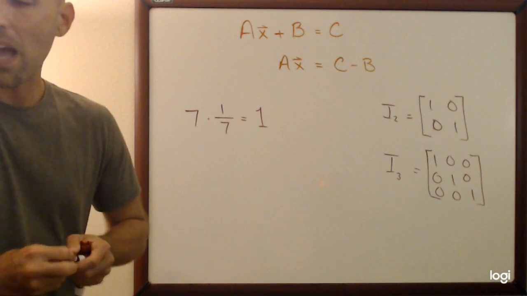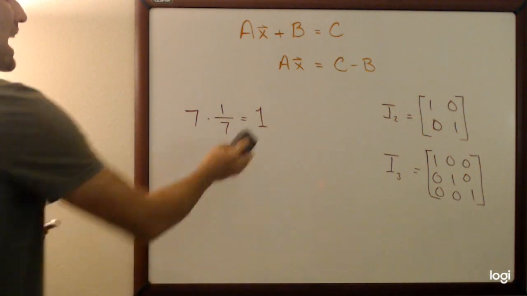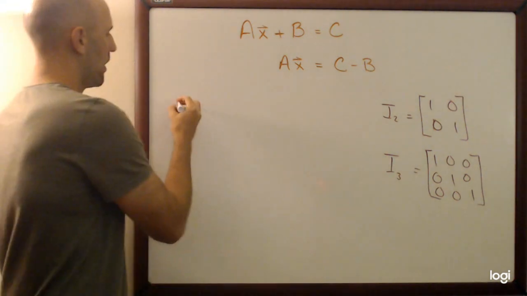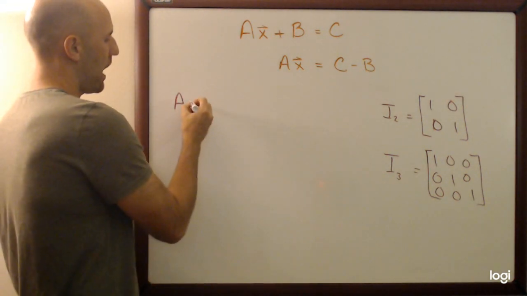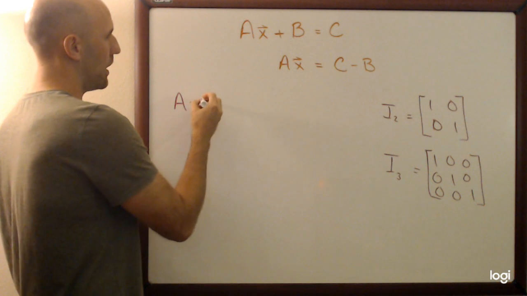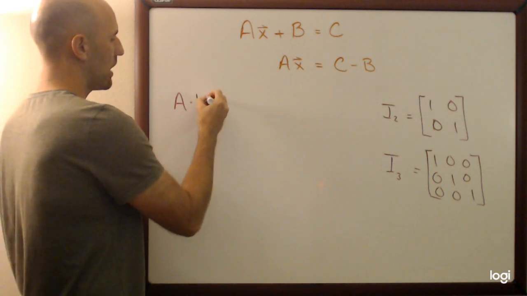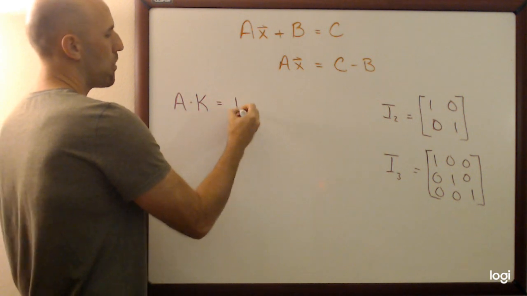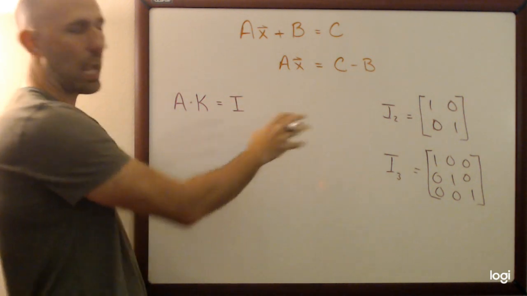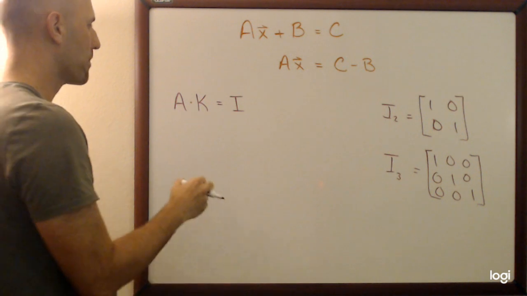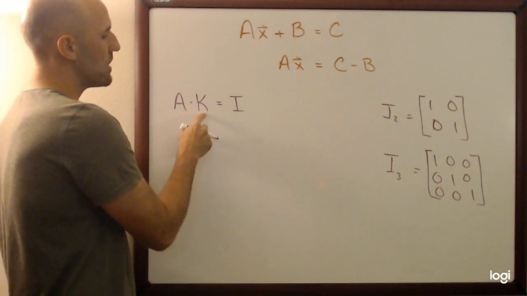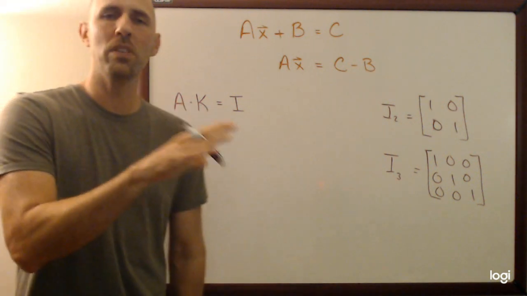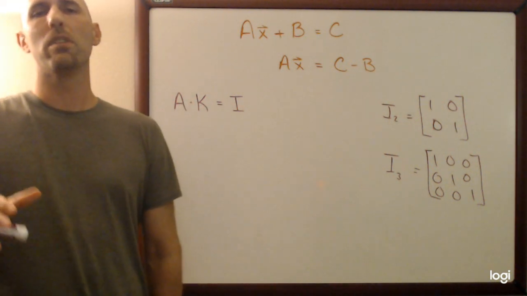So if I had a matrix A, and another matrix which I'm going to call giant K for a second. If the product of those was I, any I2, I3, doesn't matter, then I'm going to say that K is the inverse for A. Like 1/7 is the multiplicative inverse for 7.